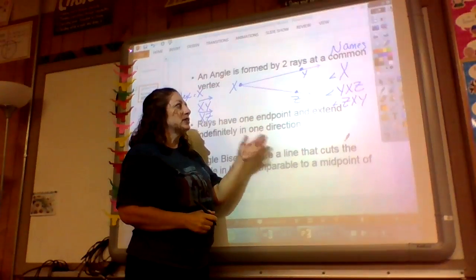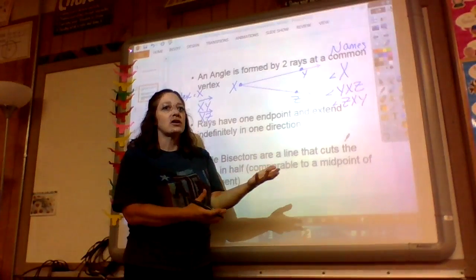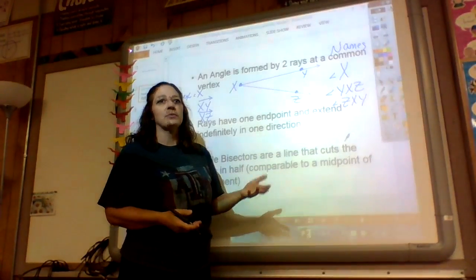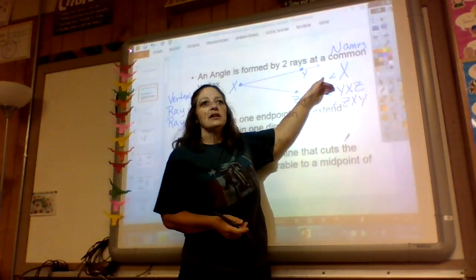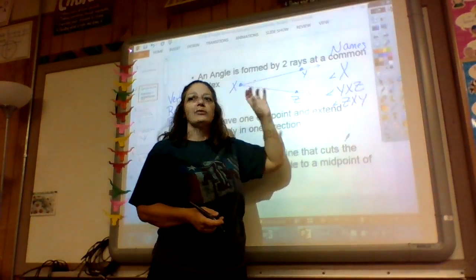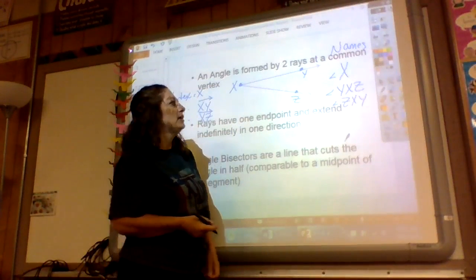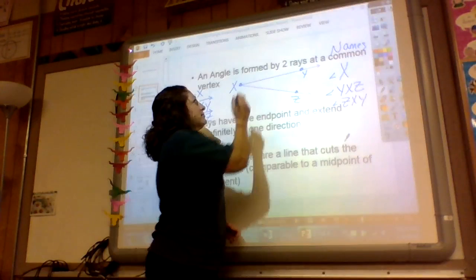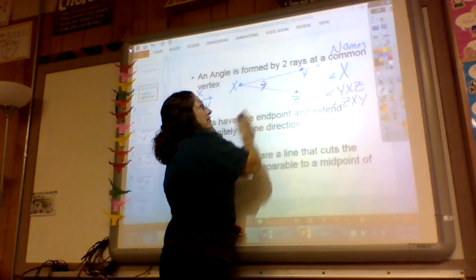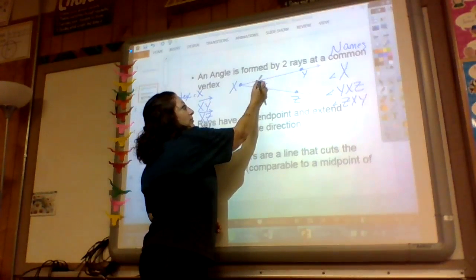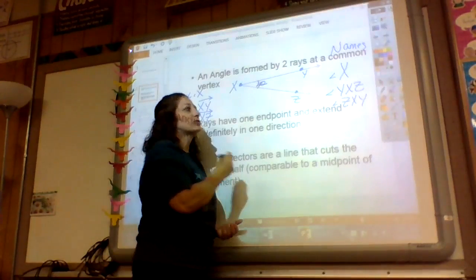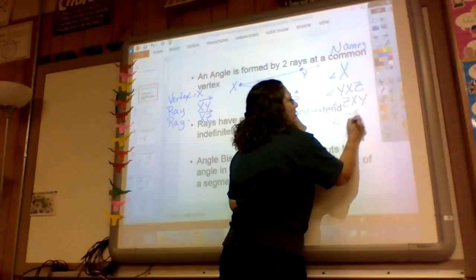It could be called any of those, so if I'm calling out an answer on homework and I say angle ZXY, but you have written angle YXZ, as long as your X is in the middle, those are the same angle. One last way is sometimes they will put a little number inside of here, and that number is representing the measure of that angle, so you can write an angle by its number.